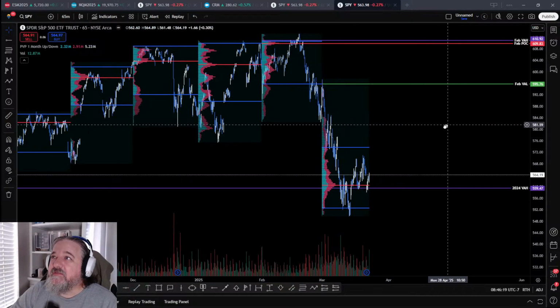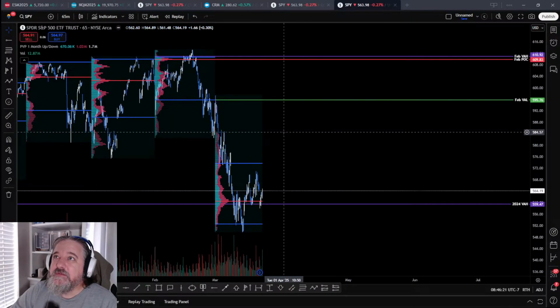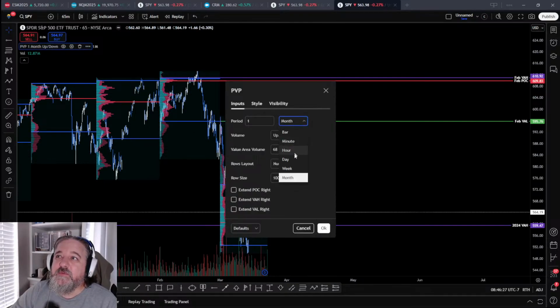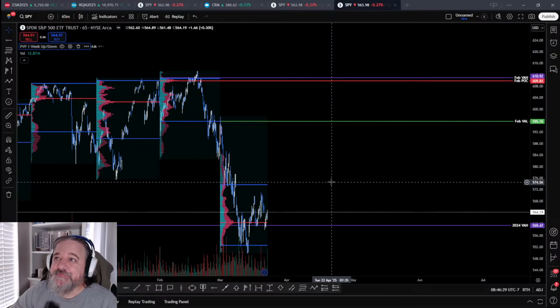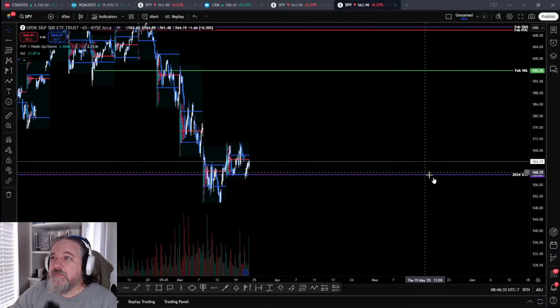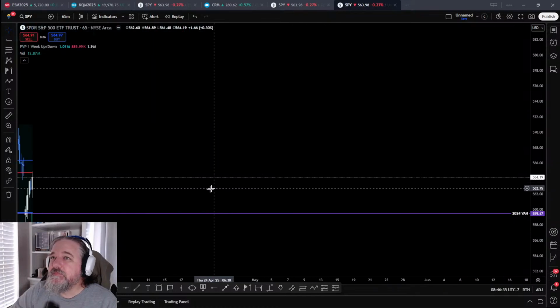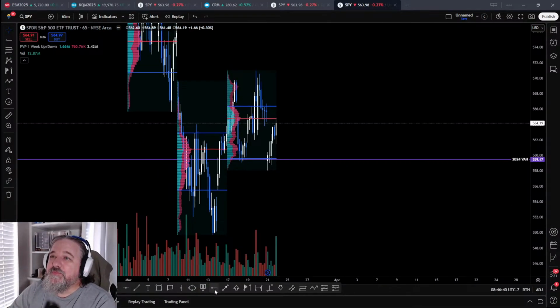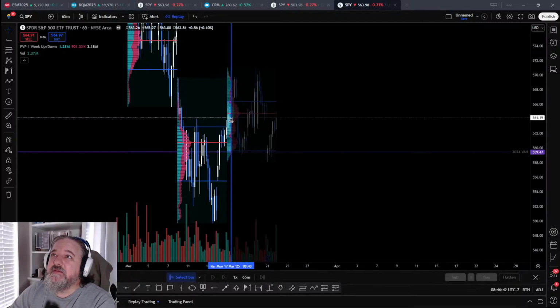And for this, it's going to give us our previous week levels. And here, basically, under our settings on PVP, we switch to 1 week. And then, actually, this is going to give us a couple of good examples. So let's just pretend we're here.